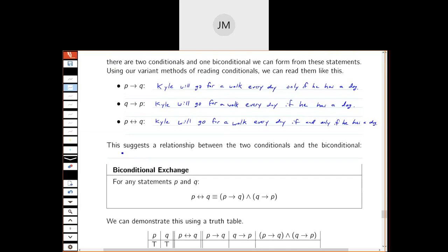The idea is that the biconditional is just two conditionals connected with an and.